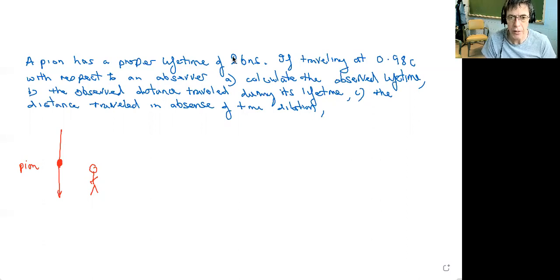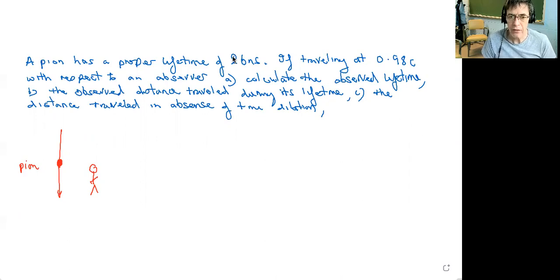It's a subatomic particle that has a short lifetime. So this particle is called the pion, and the pion has a lifetime that's 26 nanoseconds. So that's 26 times 10 to the minus 9 seconds, a very, very short lifetime.